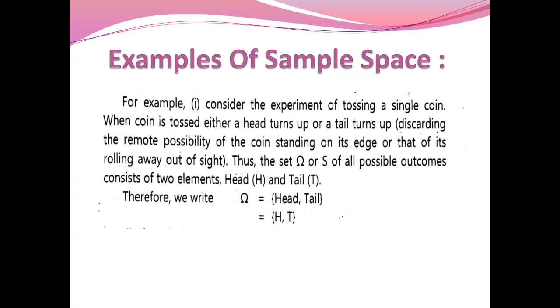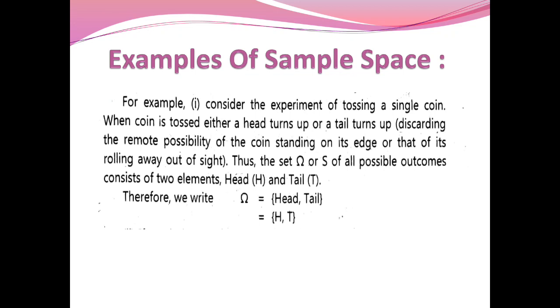Thus, the set omega or capital S of all possible outcomes consists of two elements, head or tail, which is denoted by capital H and capital T. Therefore, we write sample space omega is equal to {head, tail}, that is equal to {H, T}.